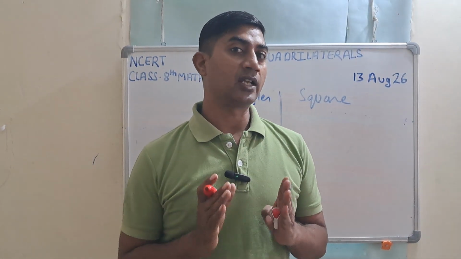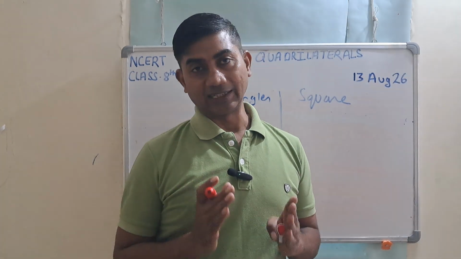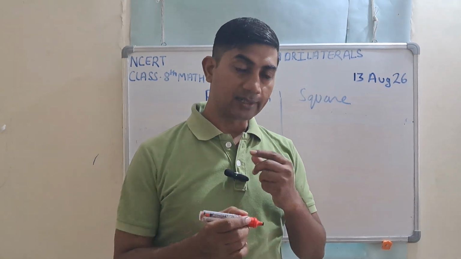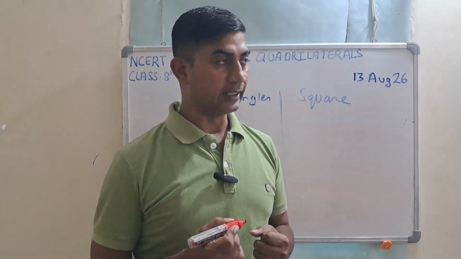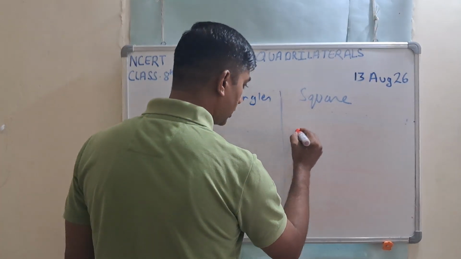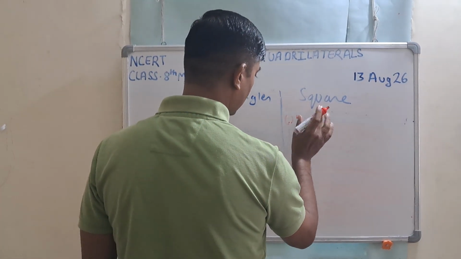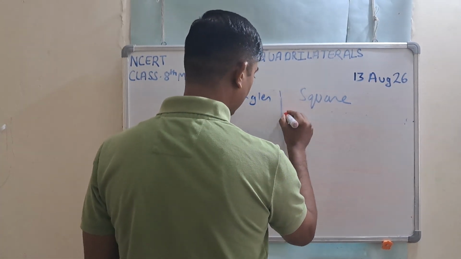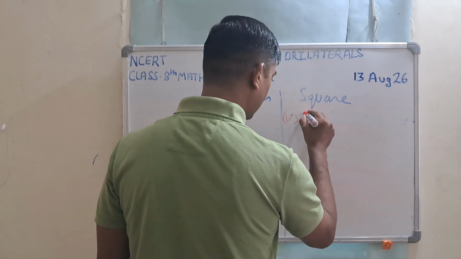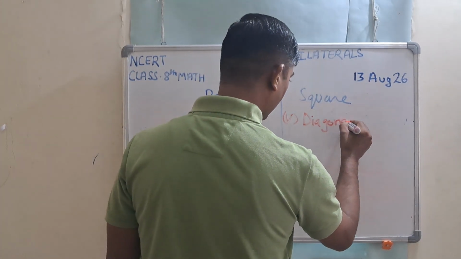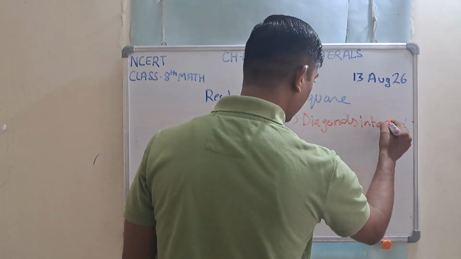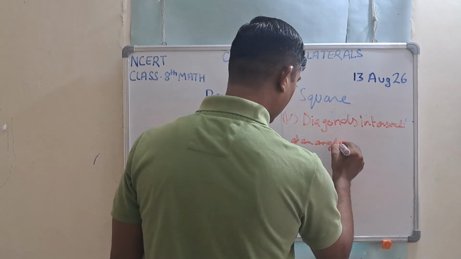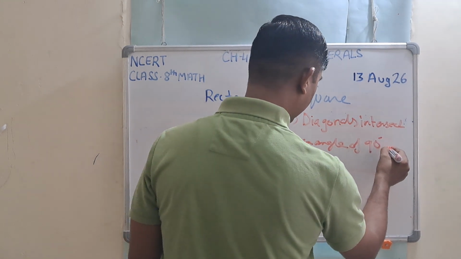This is the particular case of a square, that diagonals intersect at an angle of 90 degrees.